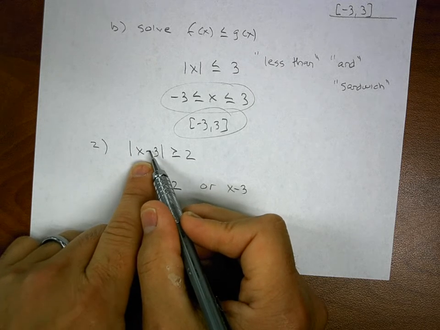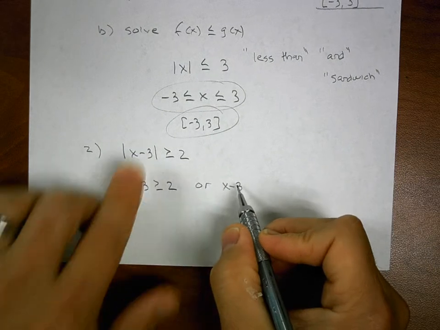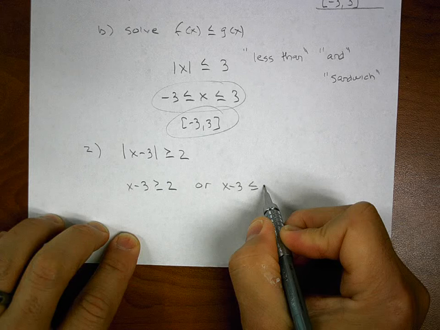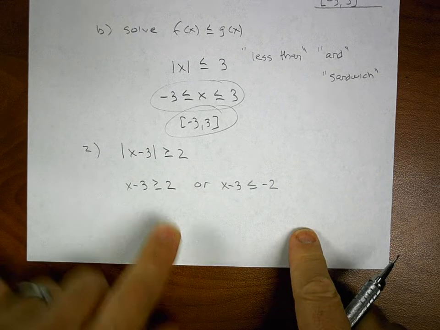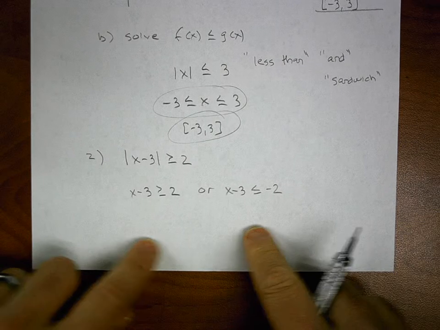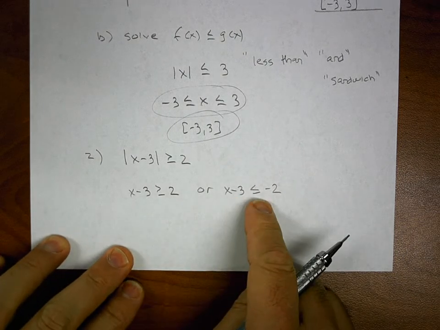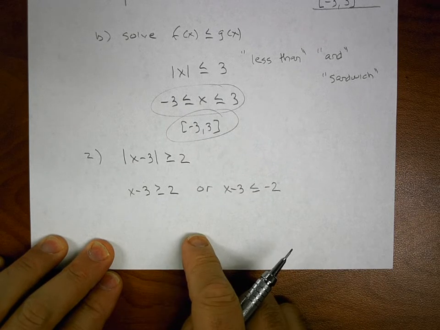Absolute value of negative 4, negative 5. It's back there. So this x minus 3 could be less than or equal to negative 2. You've got the ones bigger than 2 or less than negative 2. It splits. So this is our setup, and then we just solve it algebraically and we get our answers.